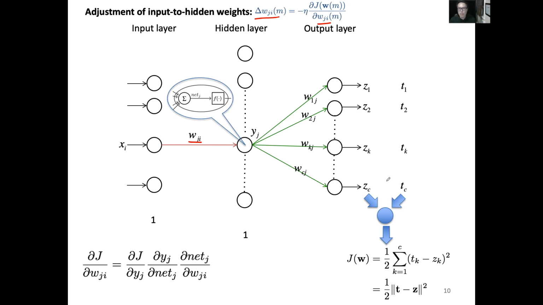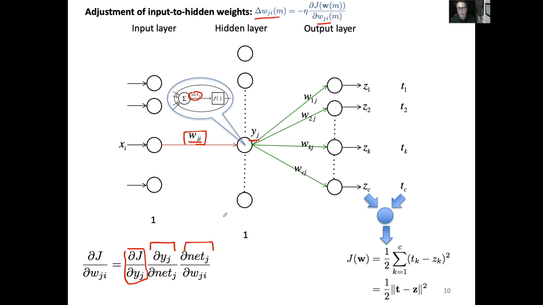So J with respect to yj right here, that is the first term. And yj with respect to net-j right here, that is the second term. And then net-j with respect to wji, that would be the third term right here.